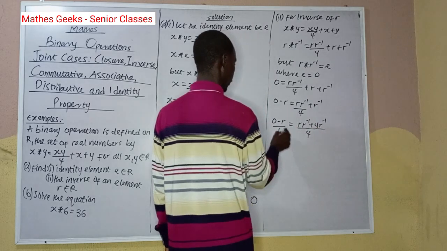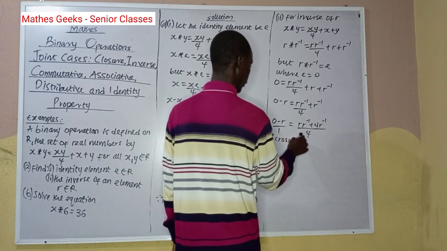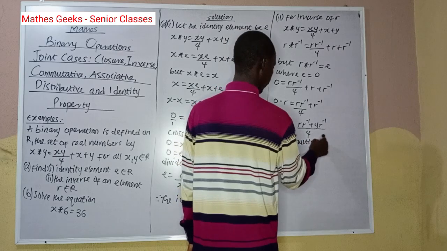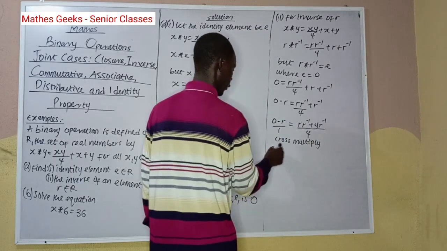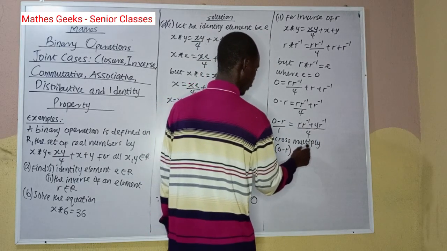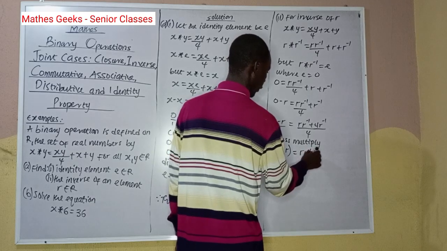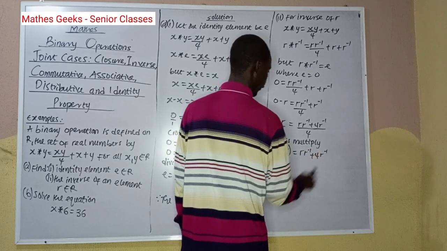So cross multiply. So 4 times (0 minus r) is equal to r inverse plus 4 r inverse.